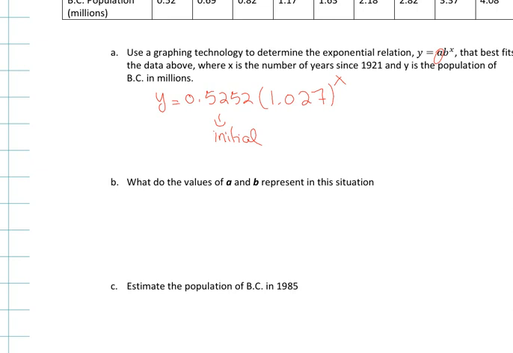So A is the initial population, of about, let's say, 530,000, we're just gonna round up. In what year was that? The initial population? 1921.